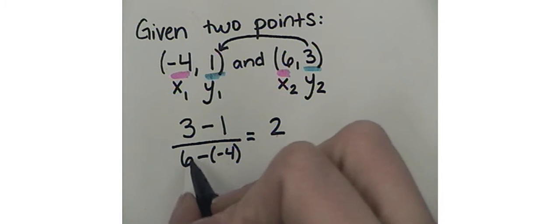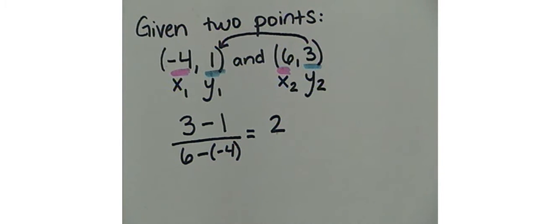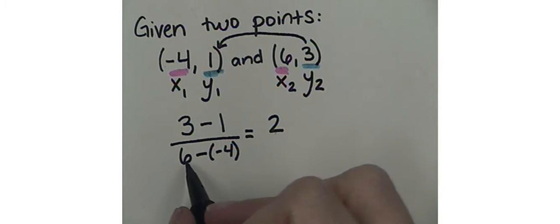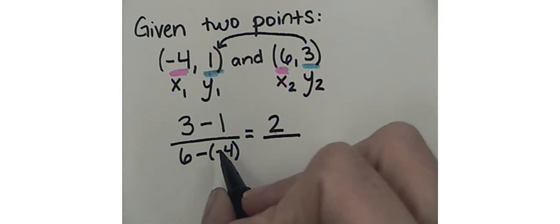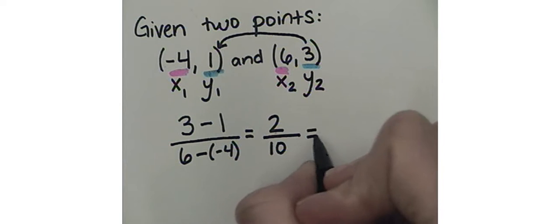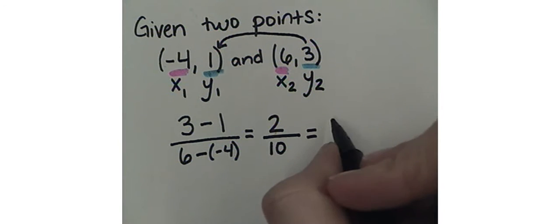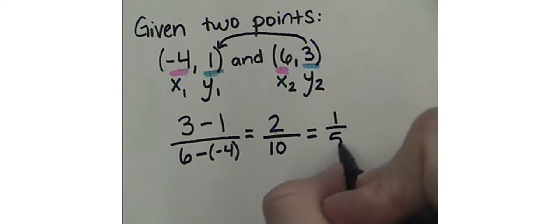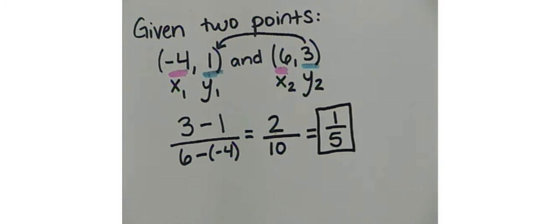You can plug this straight into your calculator, or remember that 2 negatives make a positive. So 6 minus -4 is 6 plus 4, which is 10. And we always need to reduce or simplify our slope if possible. So this is 1 over 5, and that's in simplest form.